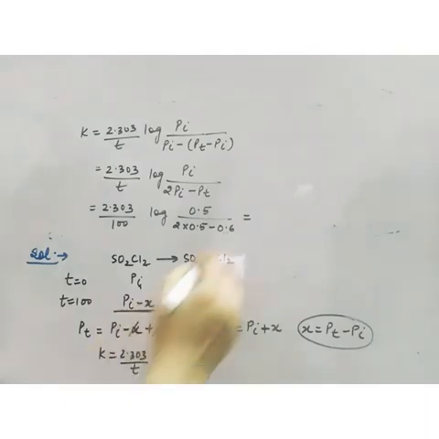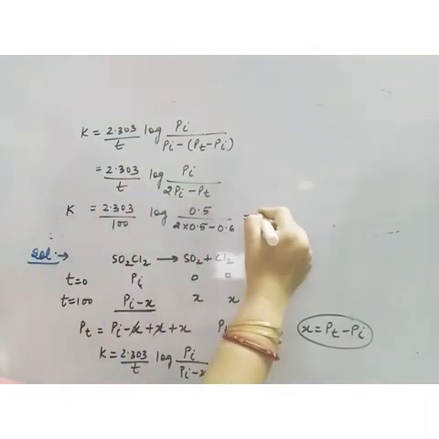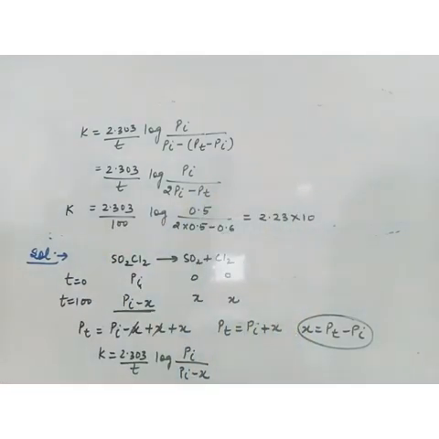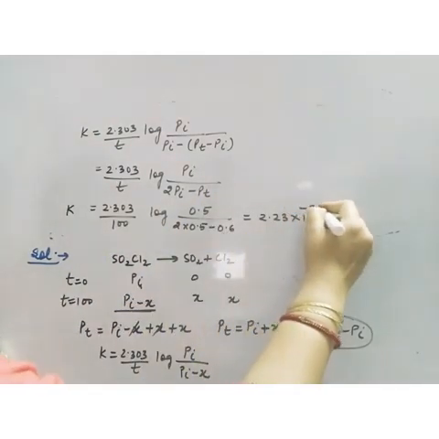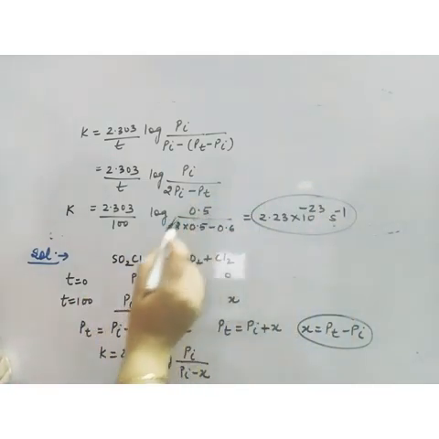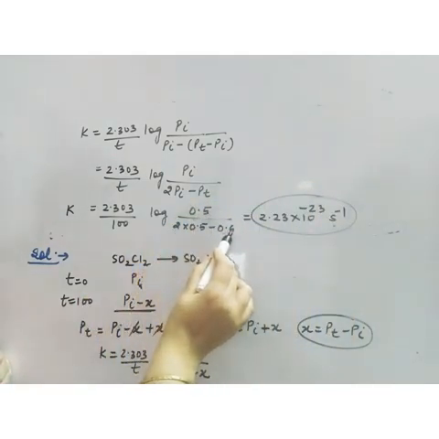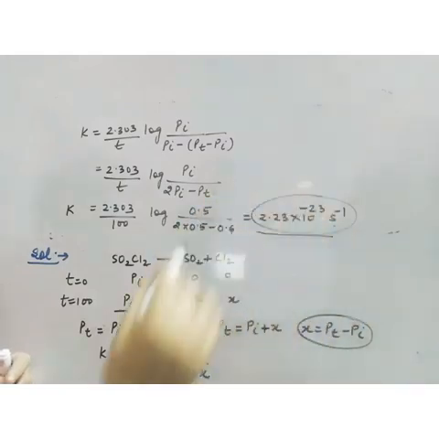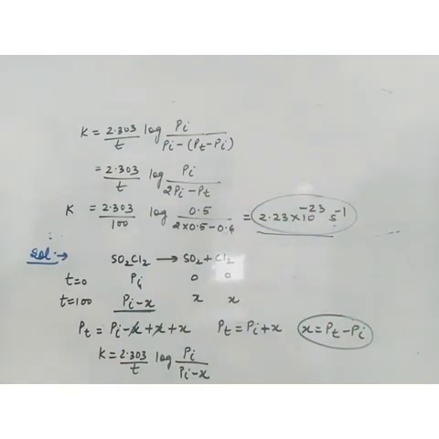Okay, the answer for K will be 2.23 into 10 to the power minus 23 second inverse. Okay, we can solve it. It is 0.5. Now 1 minus 0.6 is 0.4. So it will be log 5 upon 4. You can solve it. So this is the answer. So these are a few numerical problems based on the first order integrated expression.